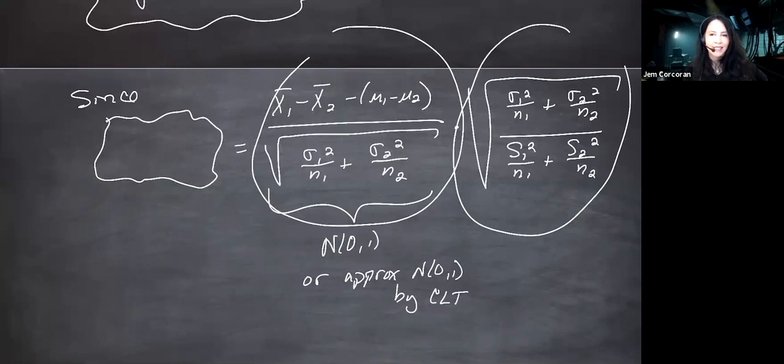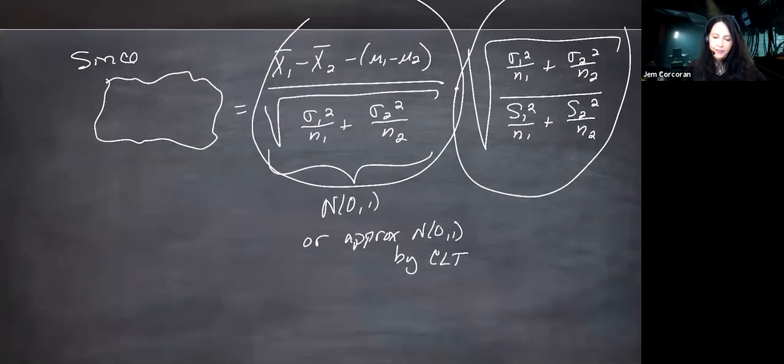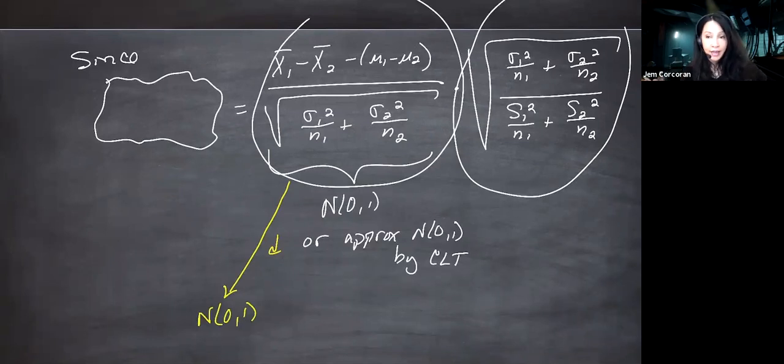By Slutsky's theorem, if we can say that this other circle is going to 1, then we can say this is going in distribution to a normal 0, 1. Well, it is. So it's either going in a boring way, where we started with normal, so it was already normal 0, 1, or it's going in a slightly more interesting way, where we're using the central limit theorem.